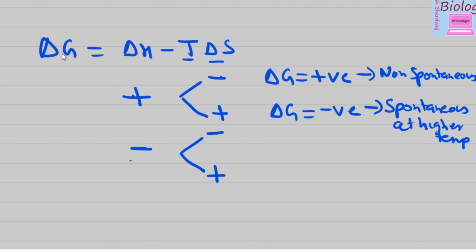So your delta H is negative, and this term is going to be positive. Try to think. This has now become positive, but it must not be so positive that it subtracts the value of delta H.